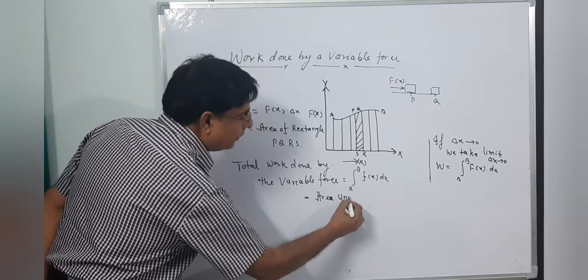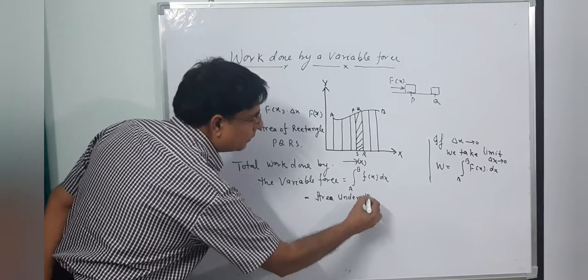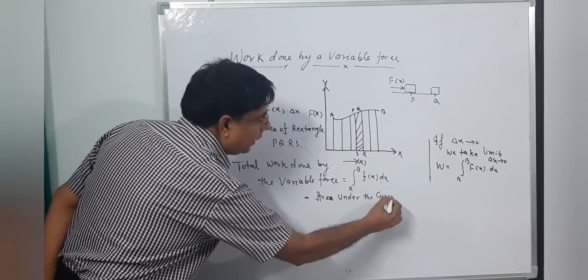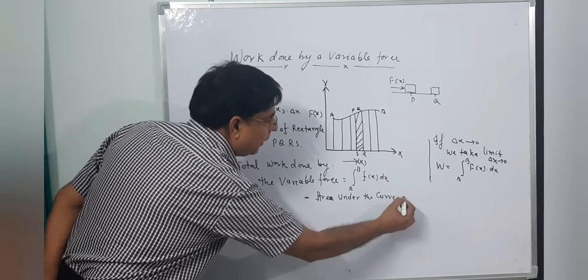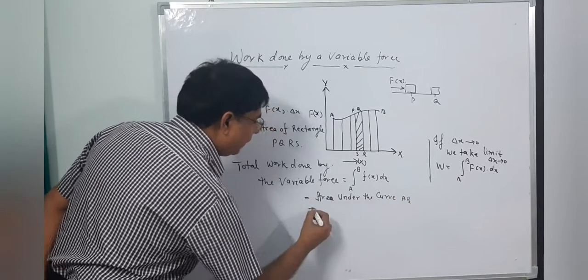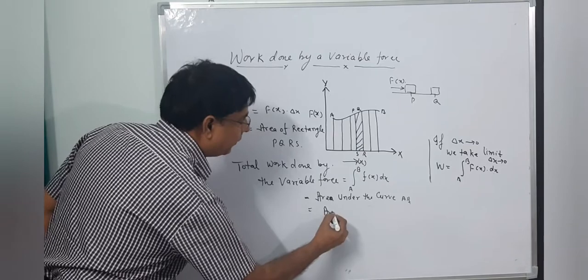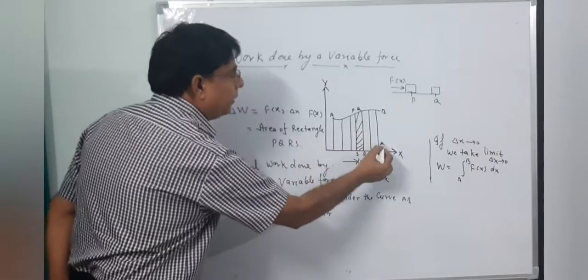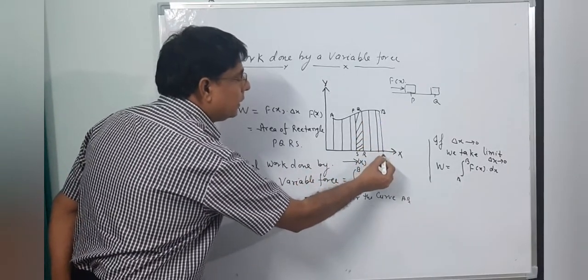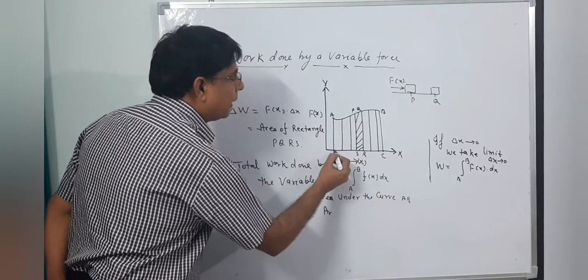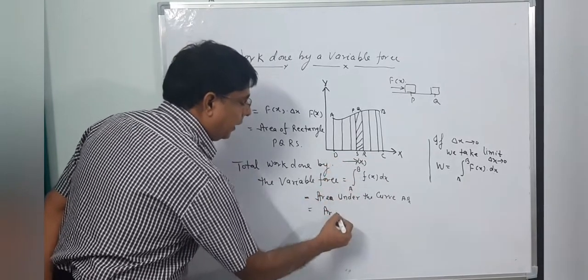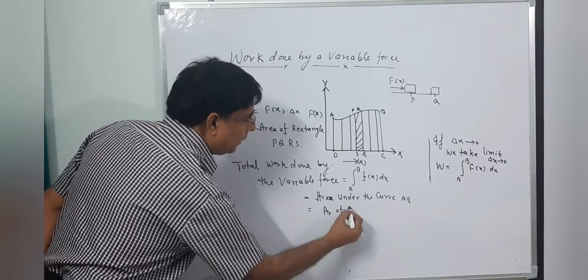and this will also be equal to the area under the curve AB, or area of ABCD.